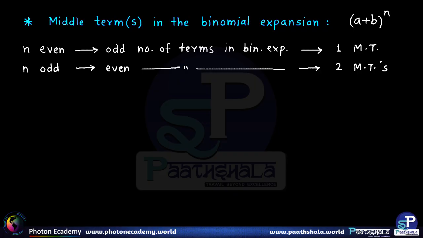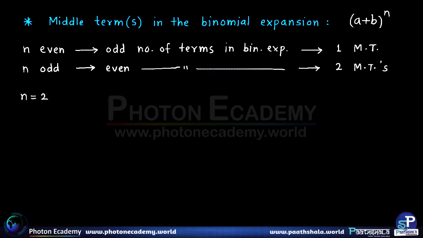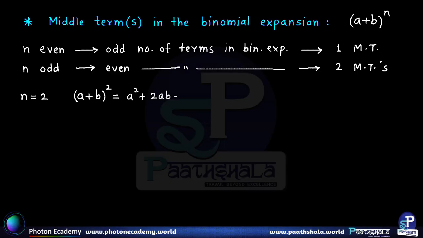So for that, let's take one example so that we can generalize. That is, say n equal to 2. We are taking the example of n equal to 2, which is an even number. Here it means that we are talking about a plus b the whole square, which we know is a square plus 2ab plus b square.